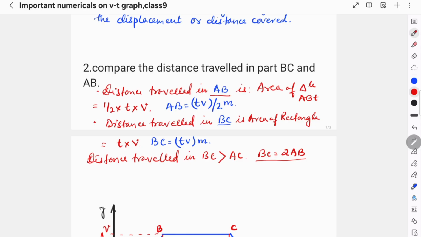Now if you compare the distance travelled in part BC and AB, we see that the distance travelled in BC is greater than AB. Distance travelled in AB is half TV and distance travelled in BC is TV. So more distance is covered in BC.